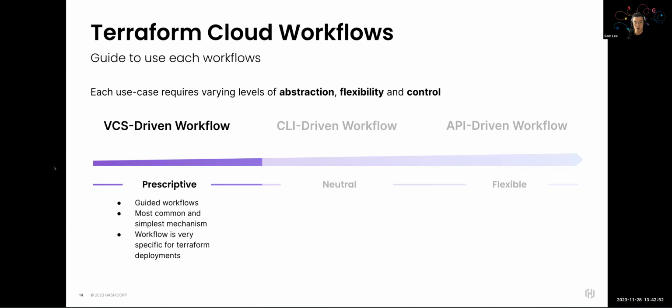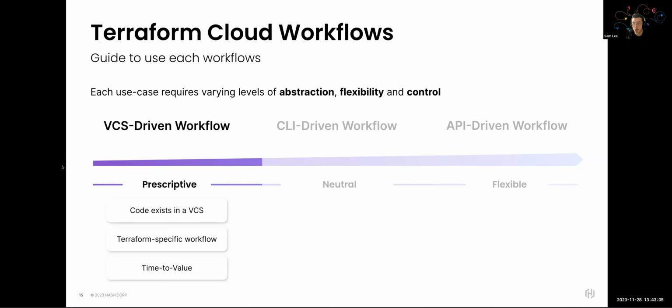And ultimately, all that we need to manage is our integration with our VCS repo. And then on Terraform Cloud, maybe your Sentinel policies, maybe your runtime integration. That's about it. So the key things to keep in mind when you want to figure out when should you use a VCS-driven workflow: you probably already have your code existing in some sort of repo, a VCS repo, or Git repo. And your deployment is always going to be just Terraform specific.